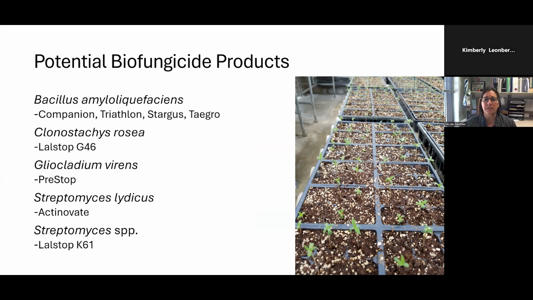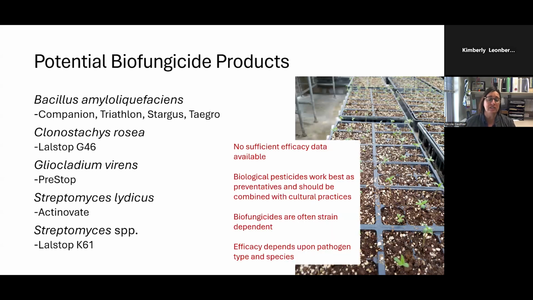So these are some potential products. We just don't have the efficacy data to put solid recommendations together, so we're basing some of these general recommendations on what we know about these pathogens from other crops like vegetables and ornamentals.